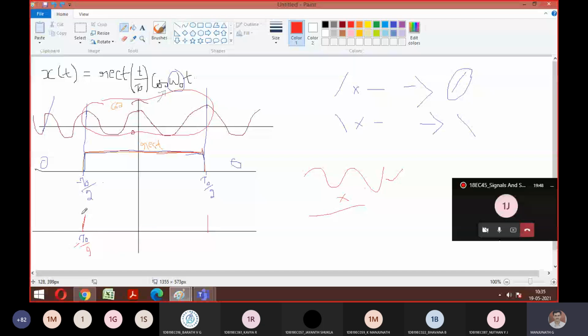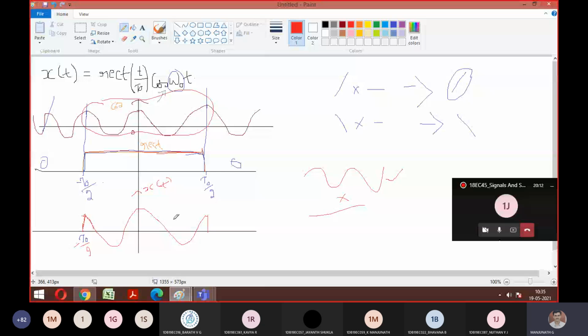Am I clear to everyone? Yes. Have you got the procedure? Yes or no? So this is how your x of t looks. If anybody didn't understand, just let me know. I will repeat once more. Is it okay with what I told? How does your signal x of t look?